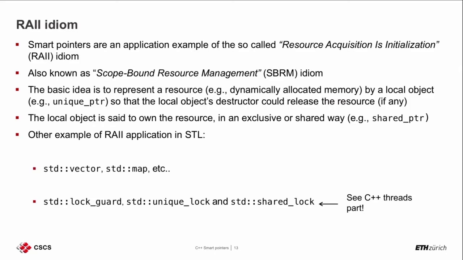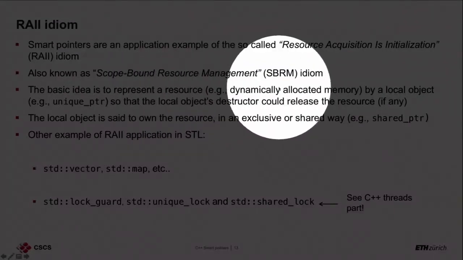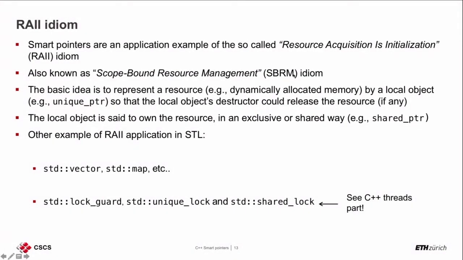We already talked about this RAII idiom. I think it is a good idea to tell you something again about that right now. The meaning of this acronym is resource acquisition is initialization, which is something that I don't understand very well. I prefer the other version, the scope-bound resource management idiom, which makes much more sense to me.